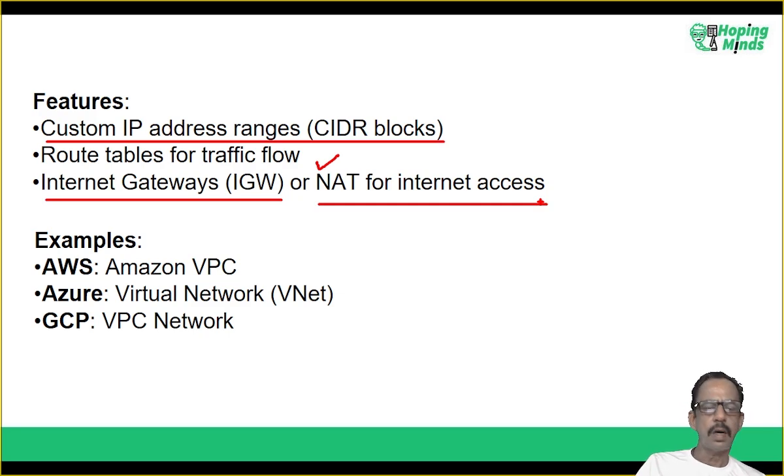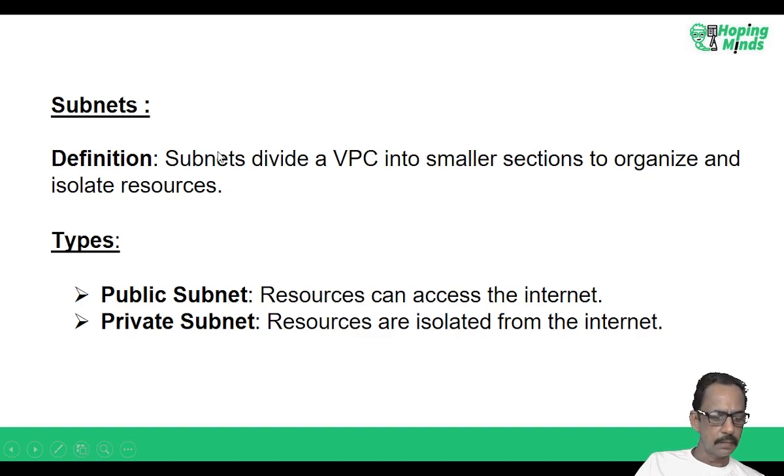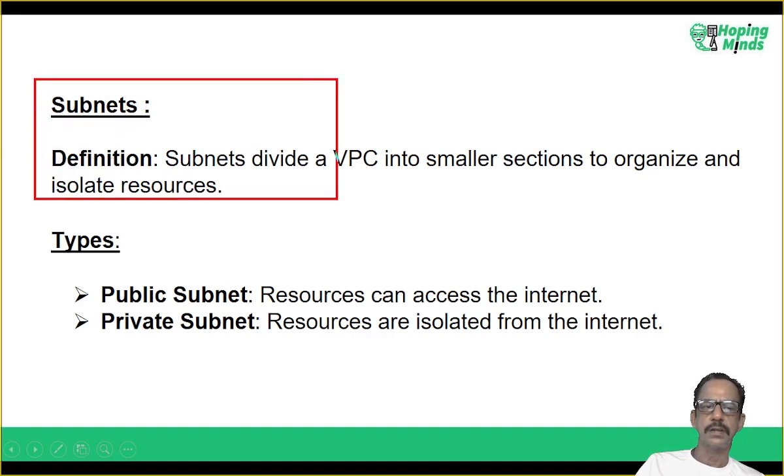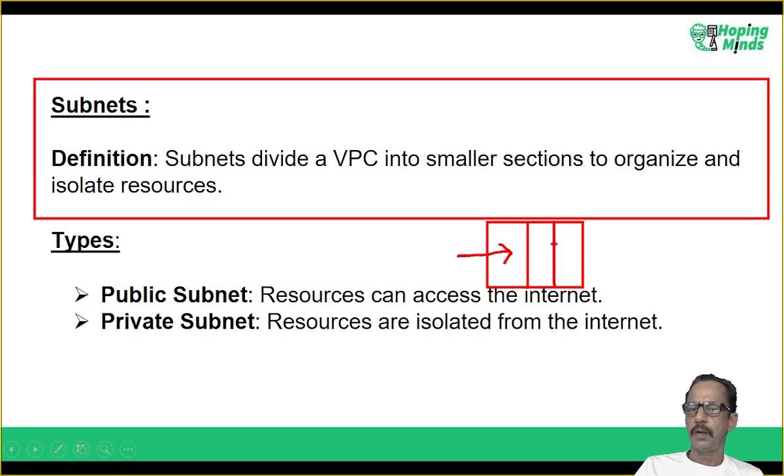These all we have to finalize. After this, we need to create the subnets. We create one IP range and one zone, my personal private network. Then we decide, like in your home, some is a public or guest area, and some is your private region, like your bedroom or locker room.